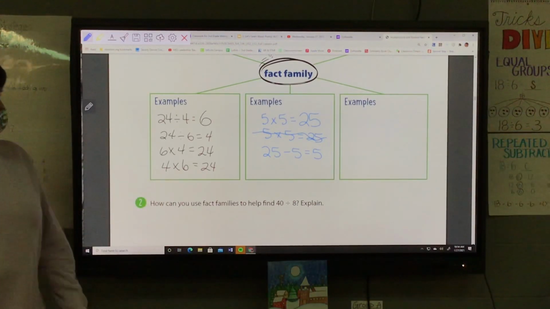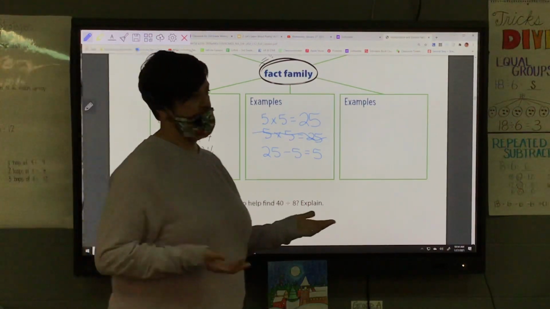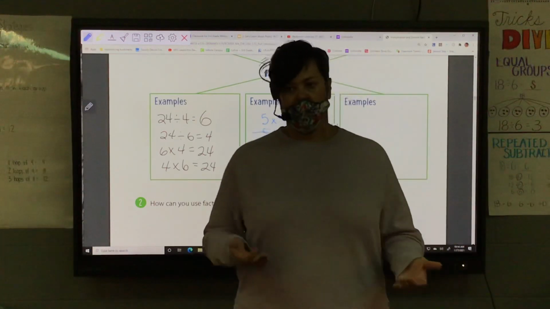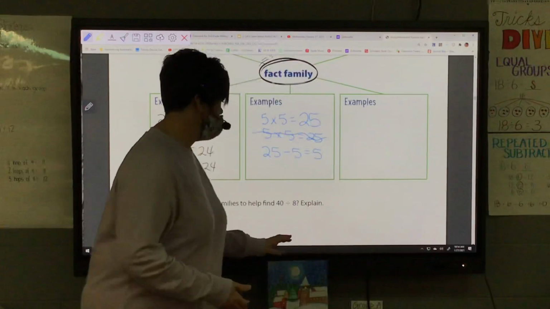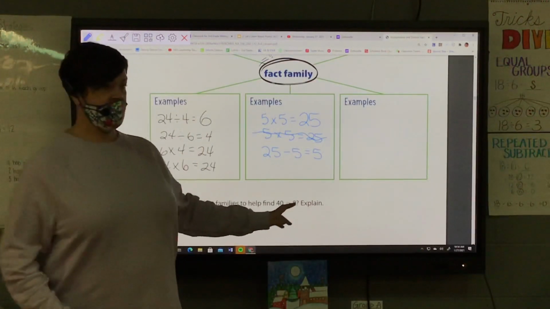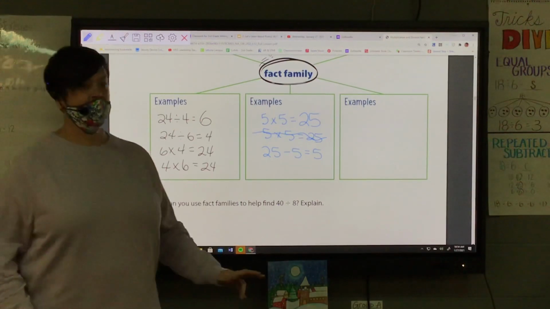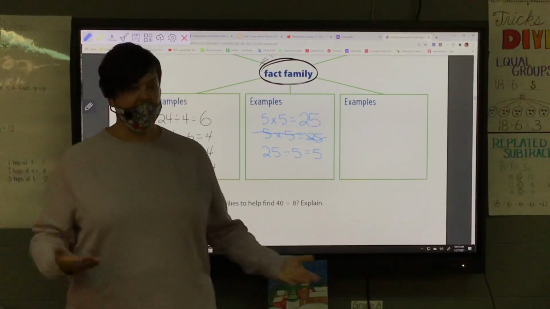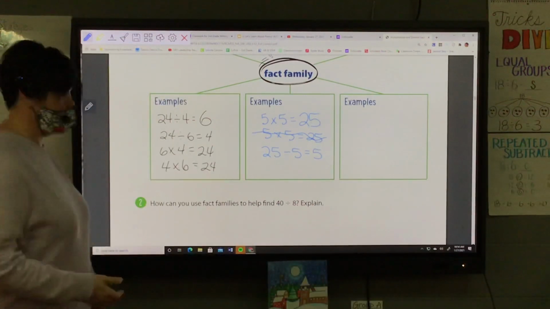How can you use fact families to help find 40 divided by 8? Work backwards. What times 8 equals 40? Could we use that multiplication fact to help us figure out what 40 divided by 8 equals?